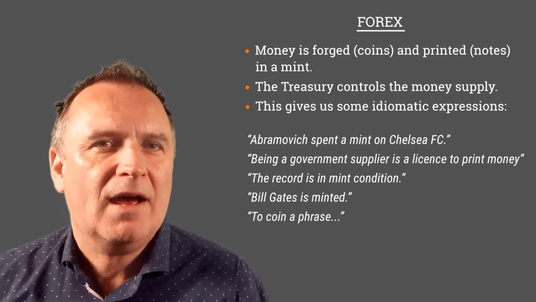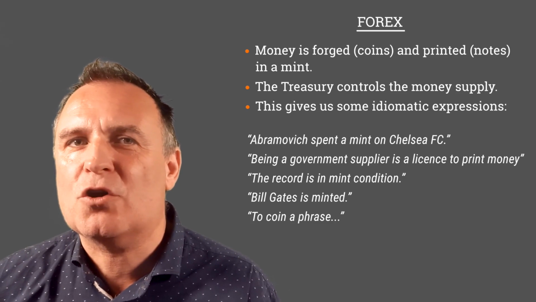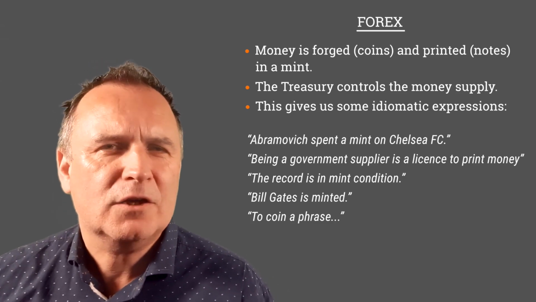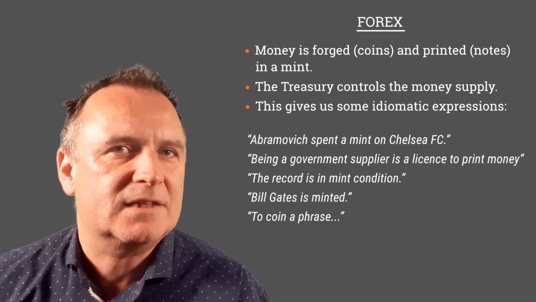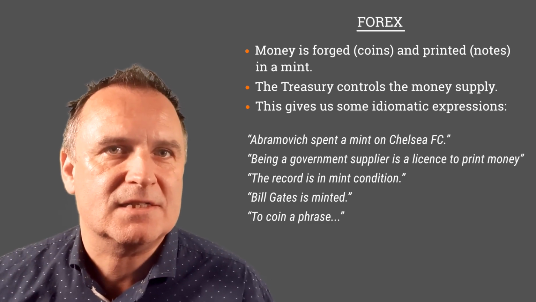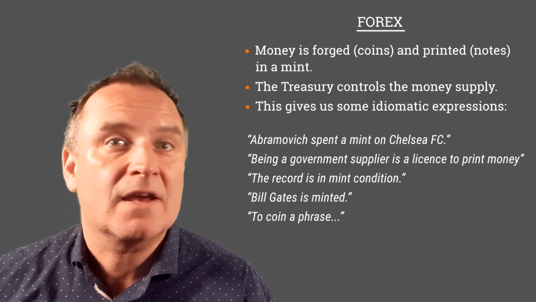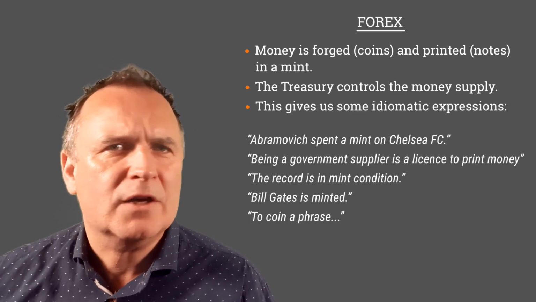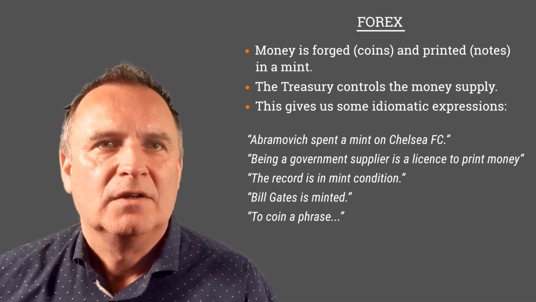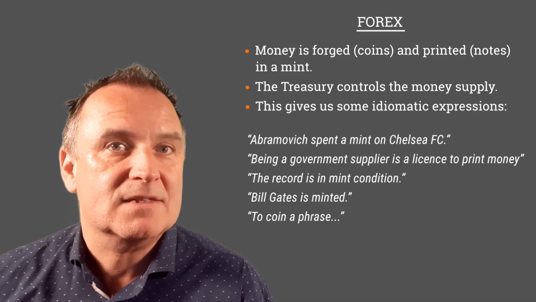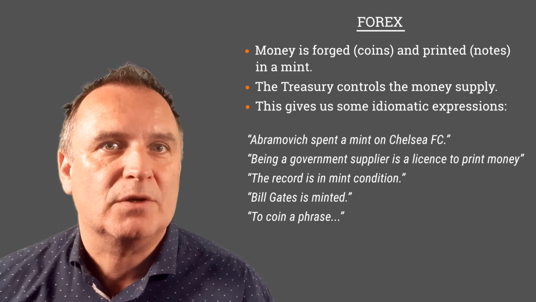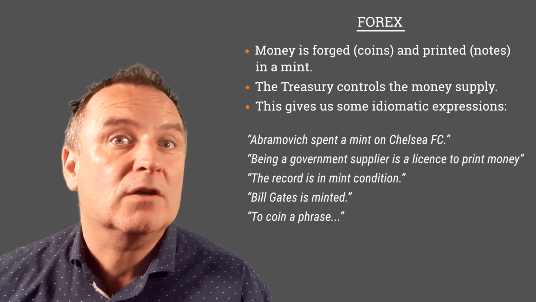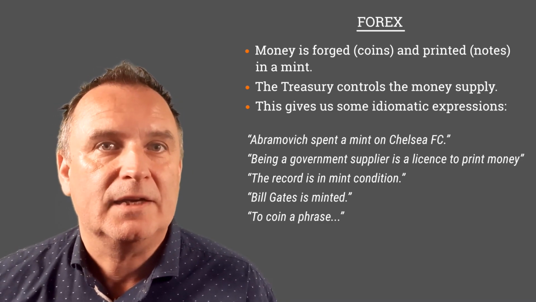We also have a sentence like this, to coin a phrase. I coined this phrase. I invented this sentence, this idiom or this saying or this word. I coined a new word. So to coin something in this case means to make it up, to create it in the way that coins are created in a mint.